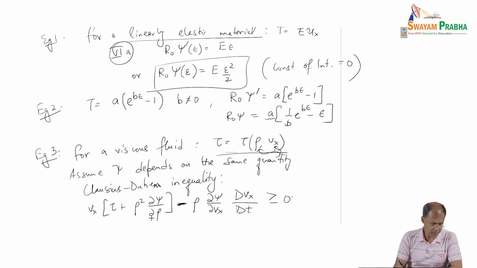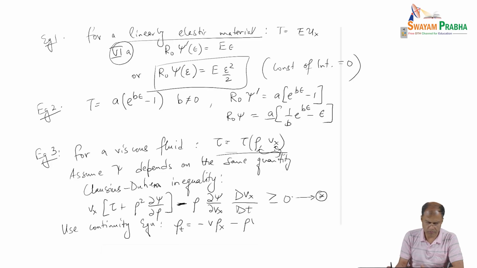So just placing all these details, we call this relationship star, and then if we use our continuity equation, we see that rho t is minus v times rho x minus rho times Vx, and since star must hold, we get the following relation.